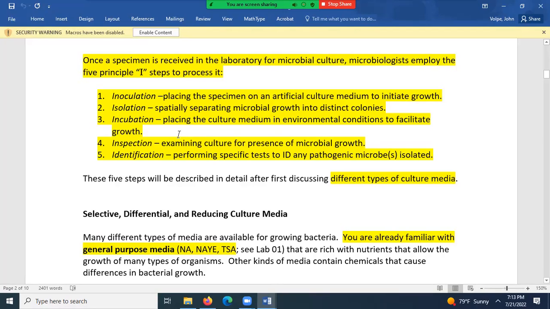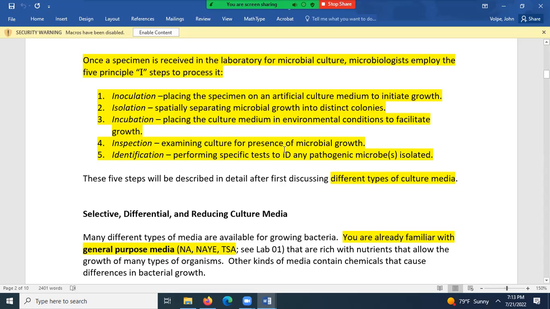You incubate it, and that's just placing the culture medium in an environment where the conditions are facilitated so that growth occurs. Normally, we incubate bacteria in an incubator. We then inspect the culture, examining it for the presence of microbial growth.